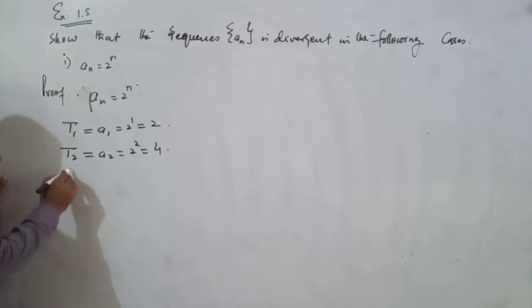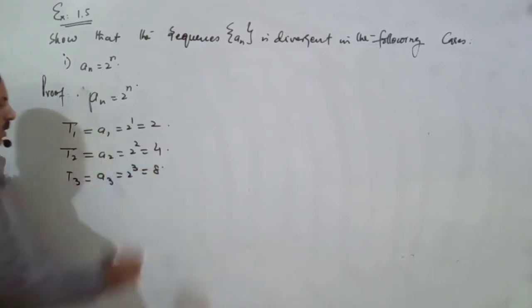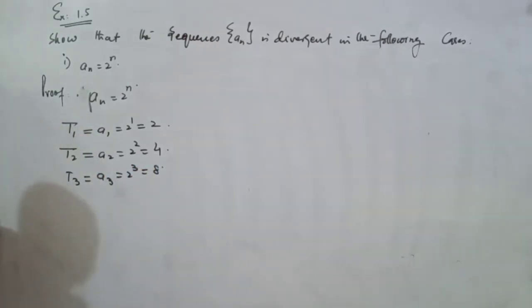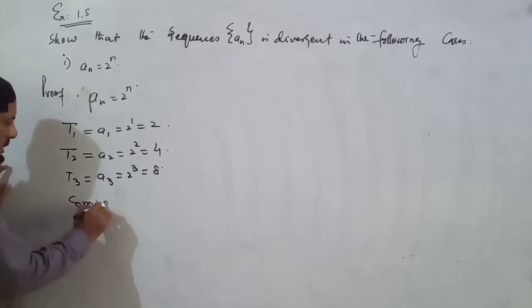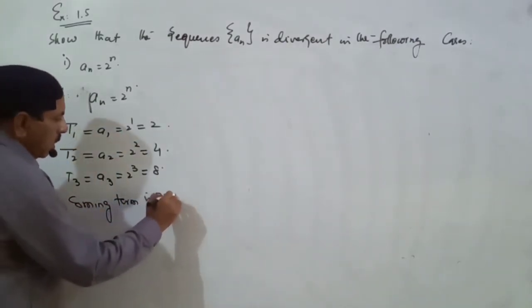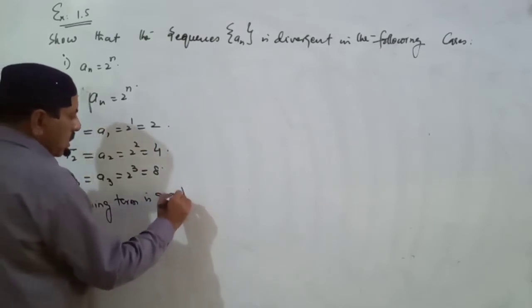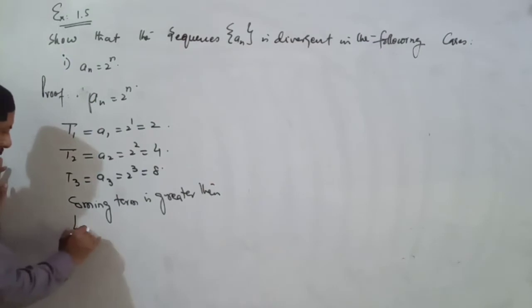Term 3 is a3 is equal to 2 power 3 is equal to 8. So each coming term is greater than the last term.